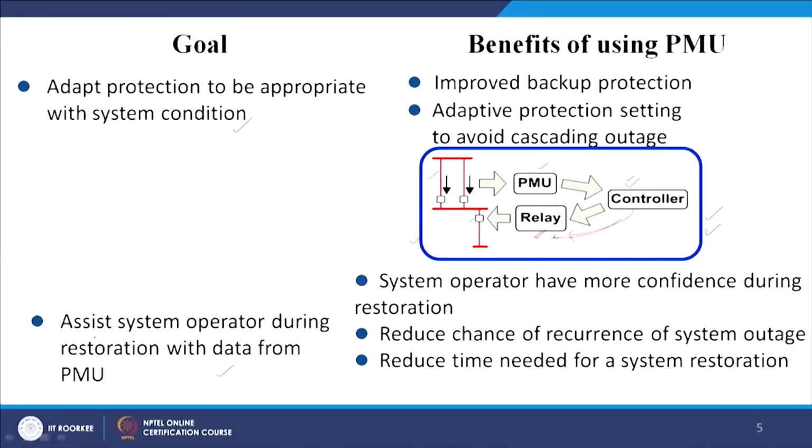And the fourth goal is to assist the system operator during restoration with this PMU data. Suppose we have one smart grid system, and we have 3-4 microgrids connected to multi grid systems, and due to some disturbances the microgrids are disconnected from the main grid.